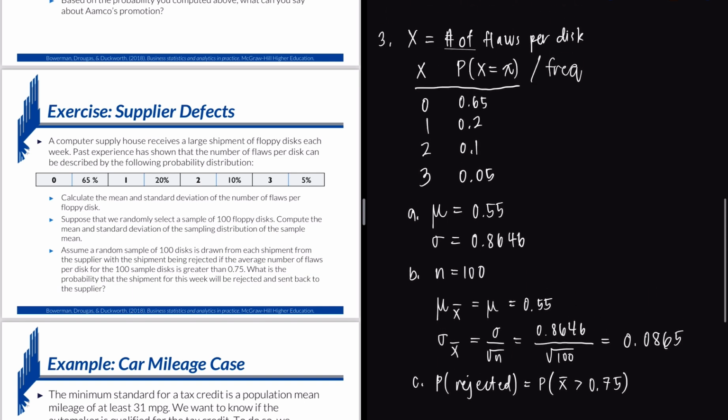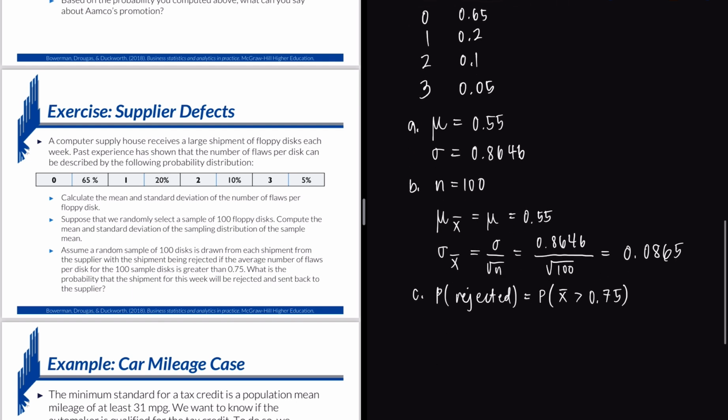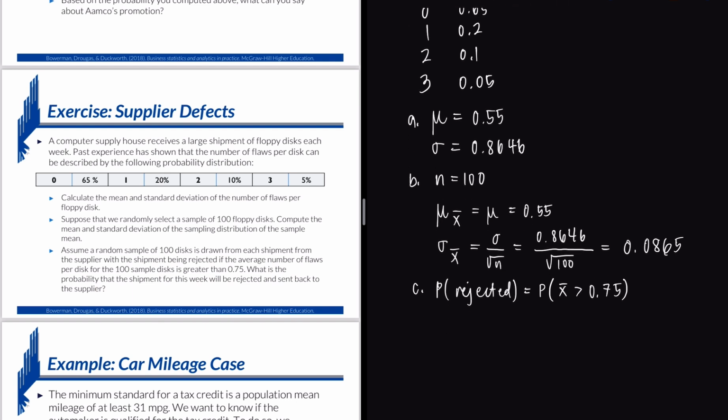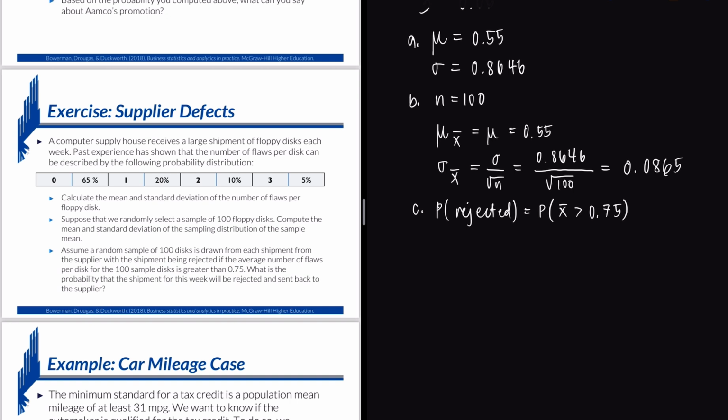X pertains to the number of flaws per disc, but we don't know if it's normally distributed. But the sample size is 100, that is considered to be large enough. And therefore, even if we don't know the distribution of the population, according to the central limit theorem, the sampling distribution should be approximately normal. And therefore, we can convert X bar to Z.